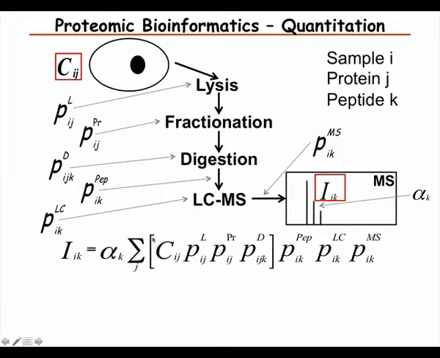And then in the case when we have different proteins that can produce the same peptide, we of course have to sum over those proteins.